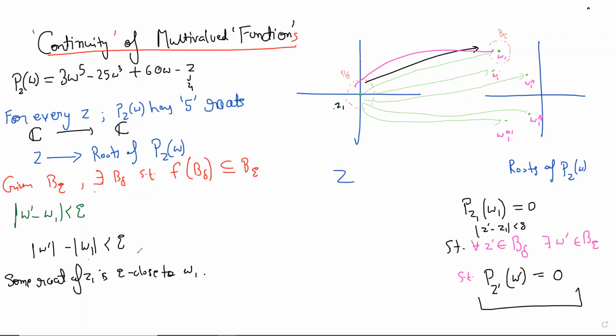Right, okay, right. So basically, this is also consistent with the notion of continuity, right? But if we try to translate it from what we have said initially, we want to show that around W1, you take any ball, you can find a small enough ball around the pre-image around Z1, such that for every point in that ball around Z1, one of its roots will be inside the epsilon ball, right?